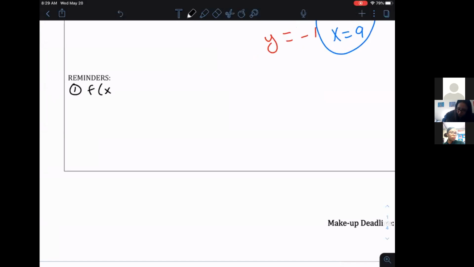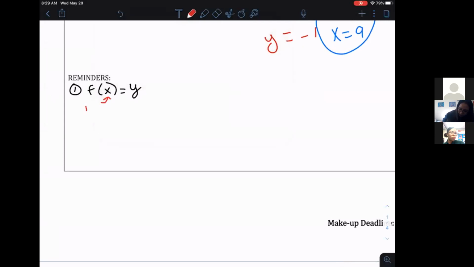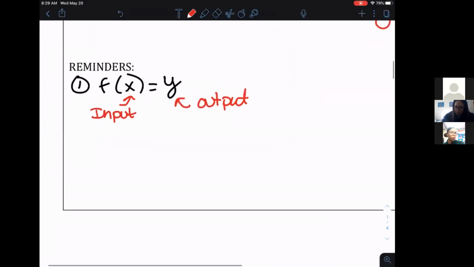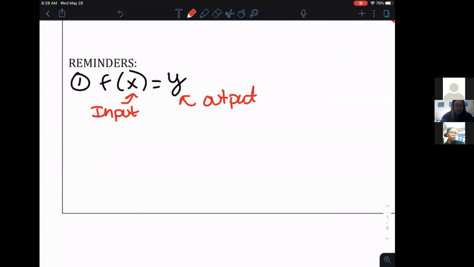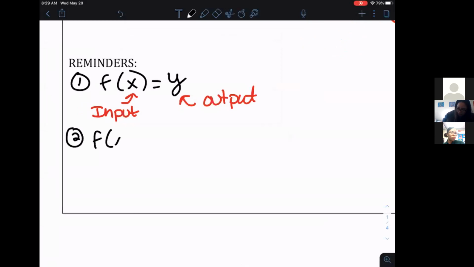So remember, f of x is y. We want to remember that x is our input and y is our output. First reminder, f of x is y. X is our input and y is our output. Second thing is that if we are given something such as f of x is 4, what do we know?